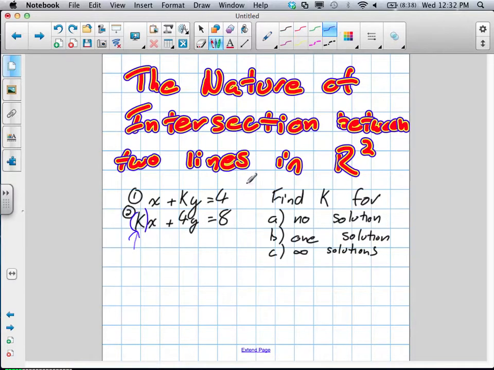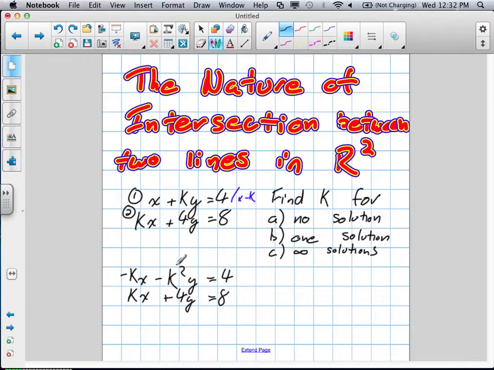So we're going to multiply the first equation by negative k. So we're going to get negative kx minus k squared y is equal to 4. And we're going to get kx plus 4y is equal to 8.